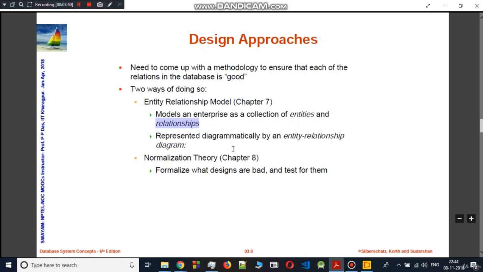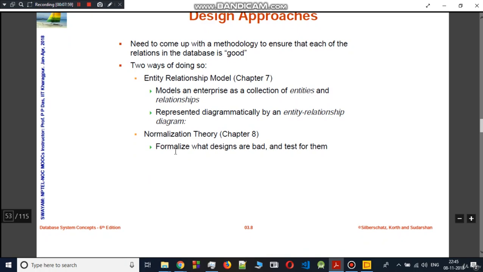The other is normalization theory. So we can design our database with ER and normalization. We will talk about it later. A whole chapter is made on entity relationship and normalization, so stay tuned.